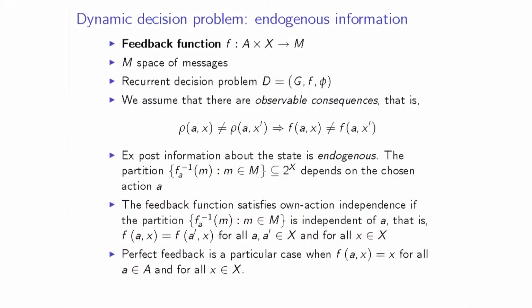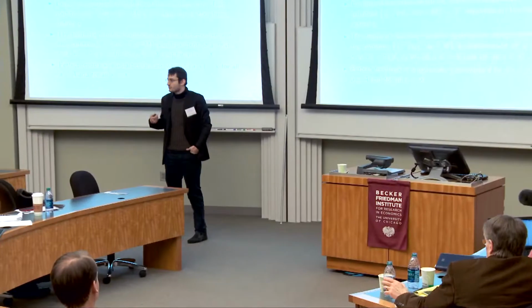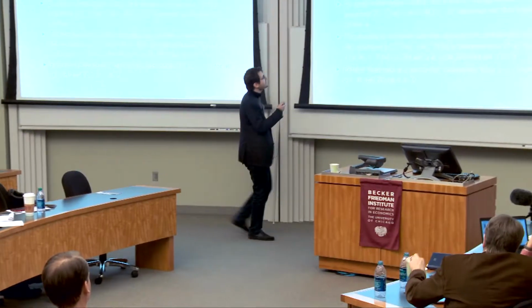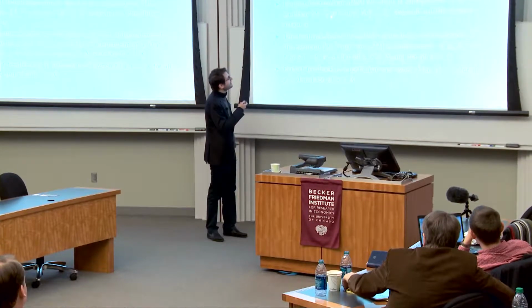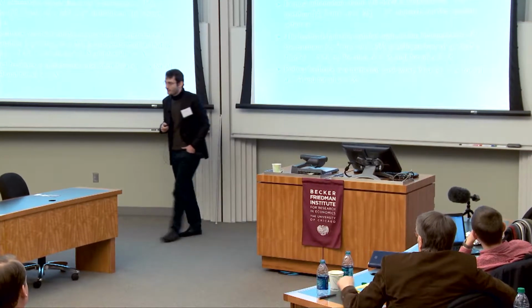The feedback function, once an action A is chosen, induces an ex post information partition, which is endogenous because, again, it depends on the action A chosen. So the decision maker, by observing, for example, message little m, knows that all the possible states that might have realized are the ones that, paired with action little a, deliver the message little m.